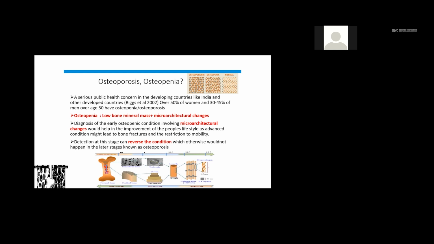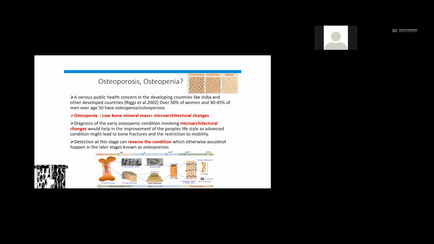Osteopenia is an early stage of bone loss, whereas changes in bone mineral density are what we know in the case of osteoporosis, which is an advanced stage.